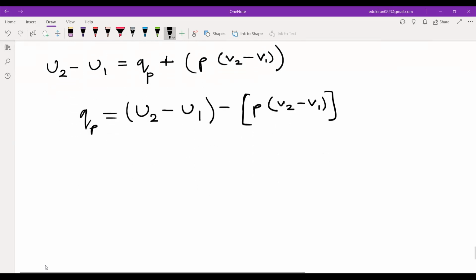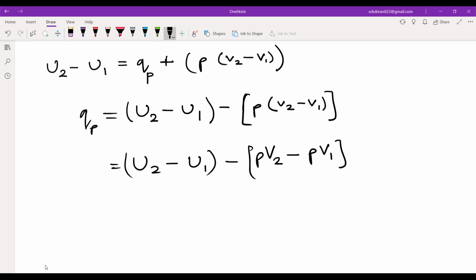Now I can write this as U2 minus U1 minus of PV2 minus PV1. When I open the brackets, U2 minus U1, this becomes minus PV2, and this becomes plus PV1.